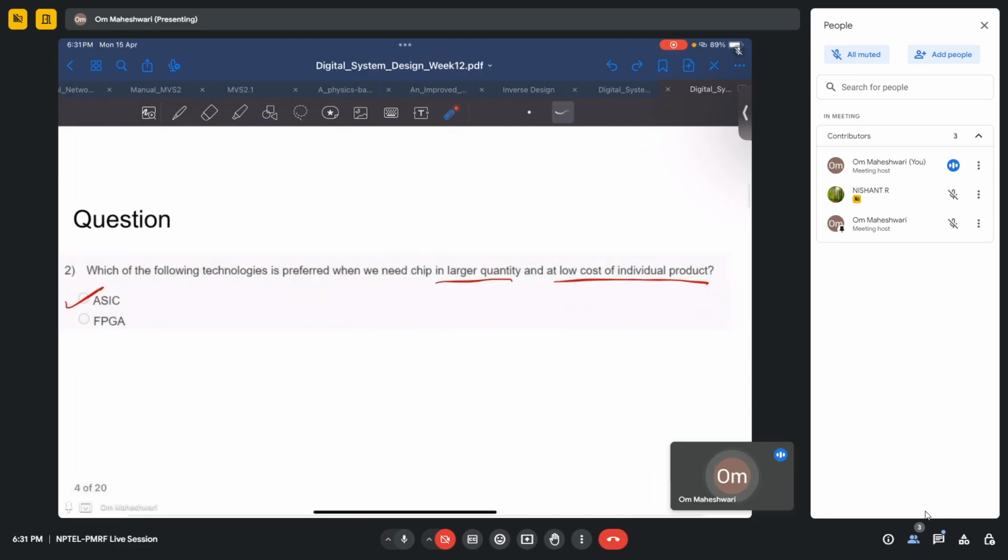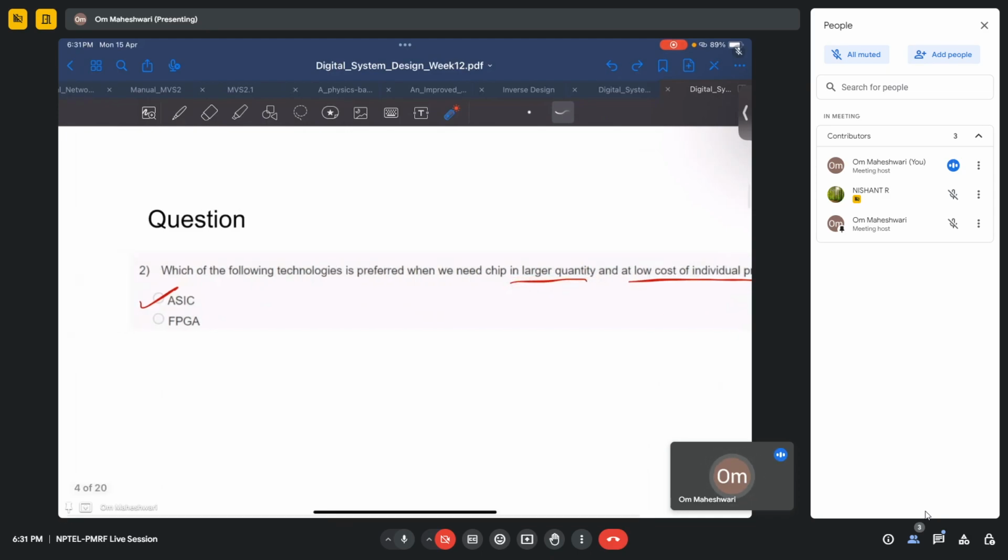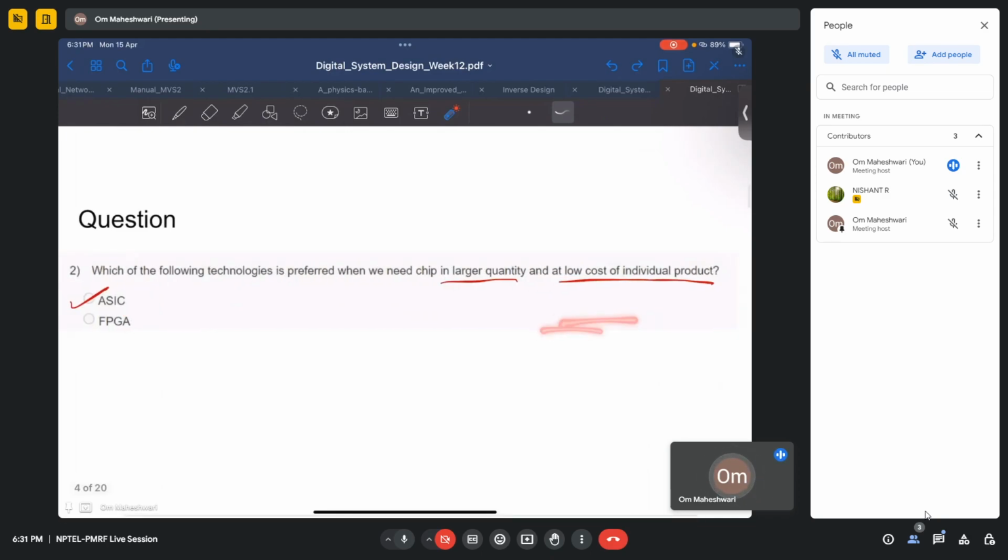Which of the following technologies is preferred when we need chips in larger quantity and low cost of individual product? So as you know, ASIC is application specific integrated circuit. So it is costly to fabricate, but if we need it in a large quantity, let's say millions or billions, like for example your mobile phone.